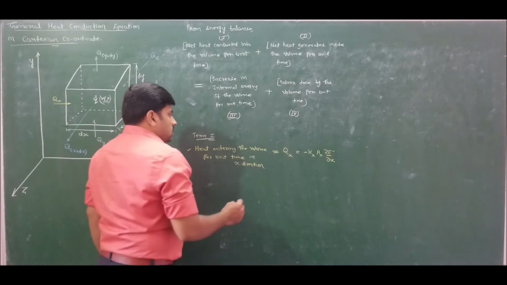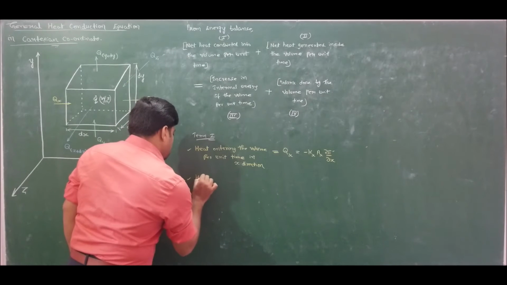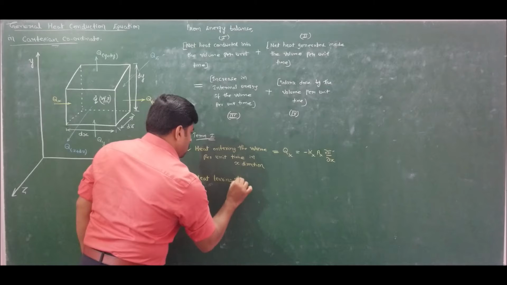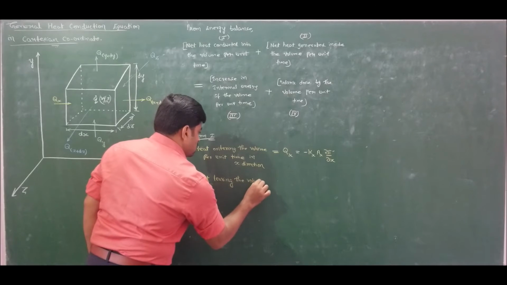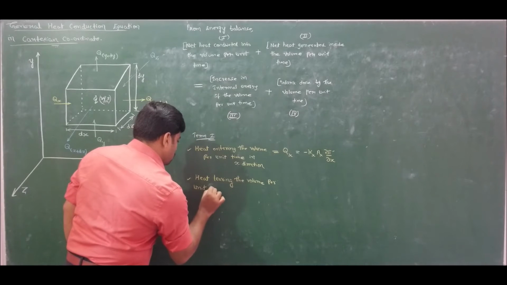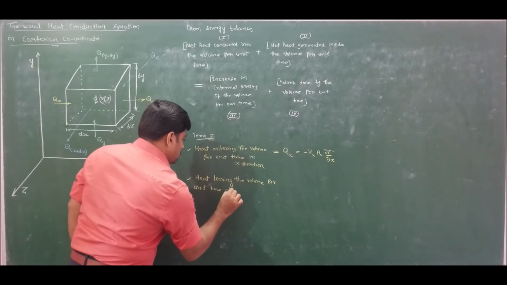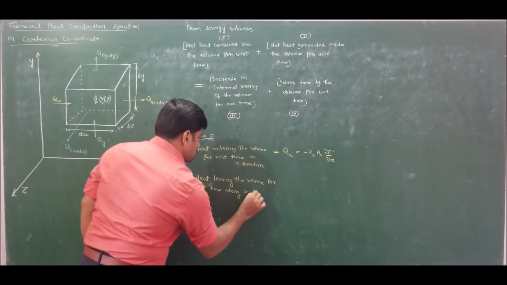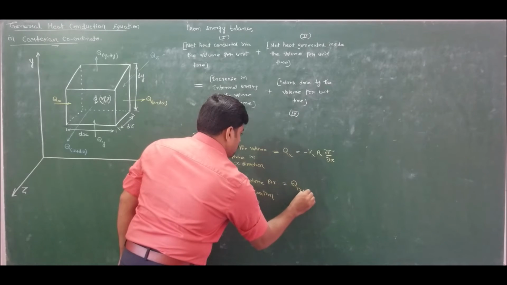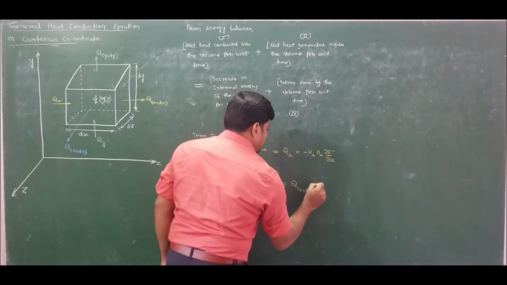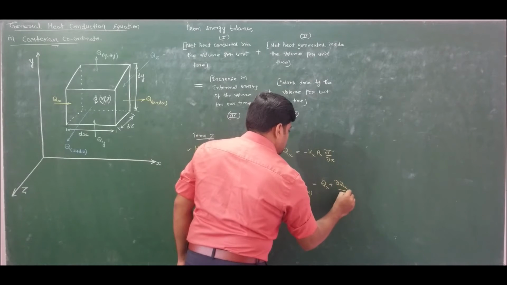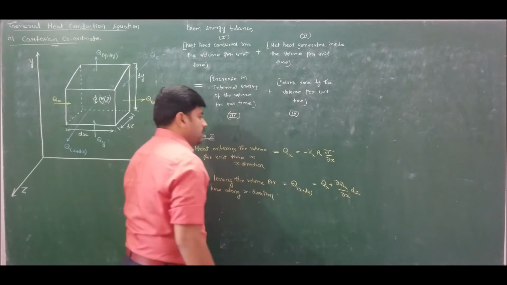Now similarly, if I write the heat leaving the volume per unit time along the x direction, it is given by q of x plus dx, which can be written as qx plus dou qx by dou x dx. This you already know.